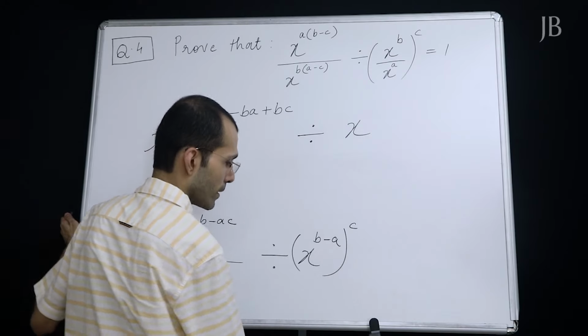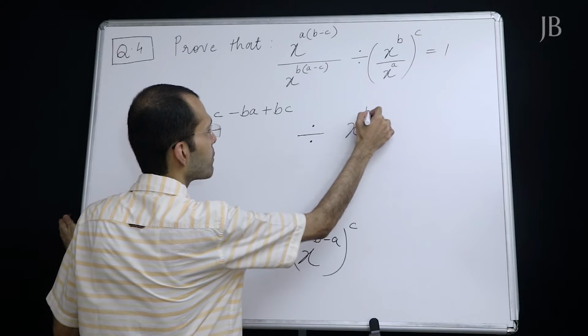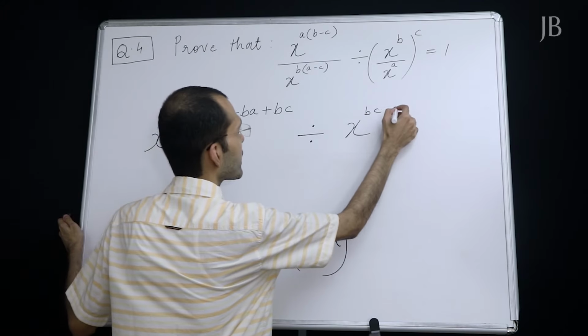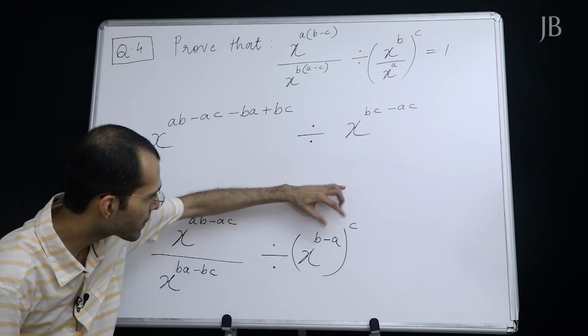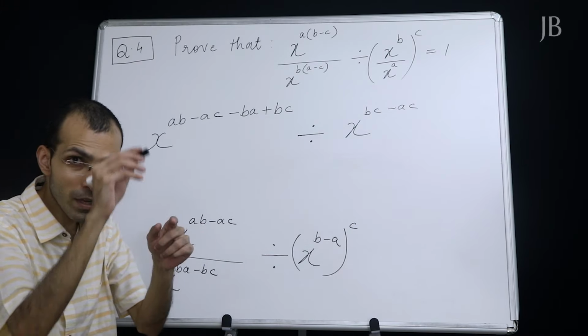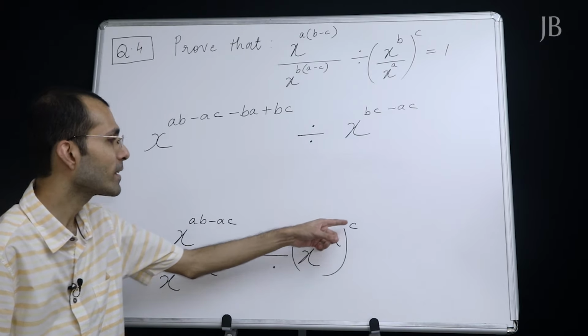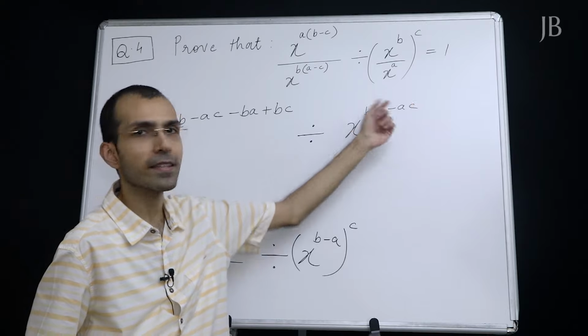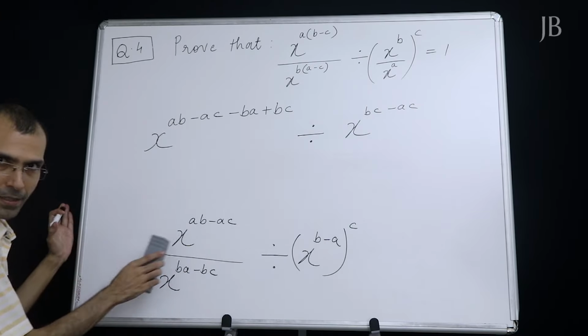This will be x, so the two powers will get multiplied. This will be x raised to bc minus ac. Are you convinced with this? A raised to m, the whole raised to n is a raised to mn. The two powers get multiplied. So b minus a into c, that is bc minus ac, and this comes as a power. Fine, this I'll erase.